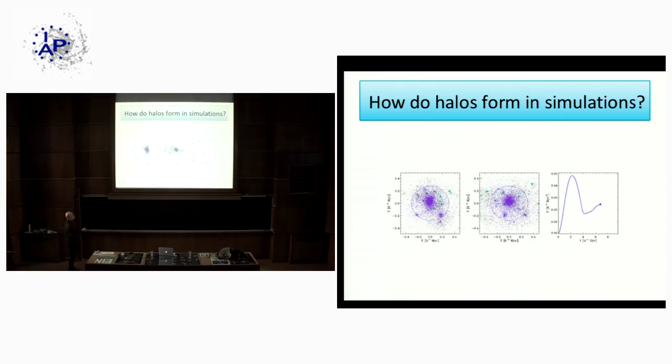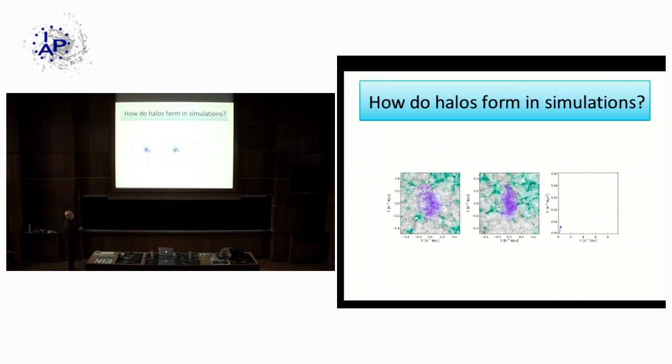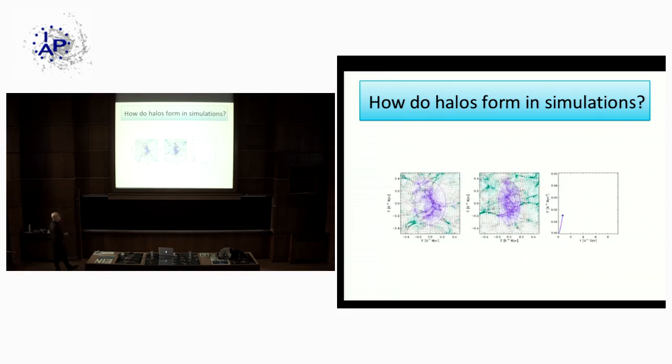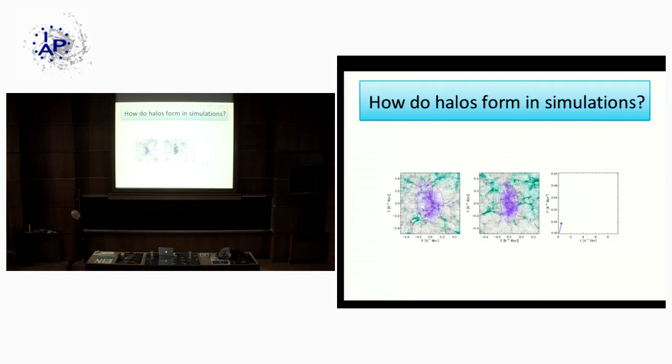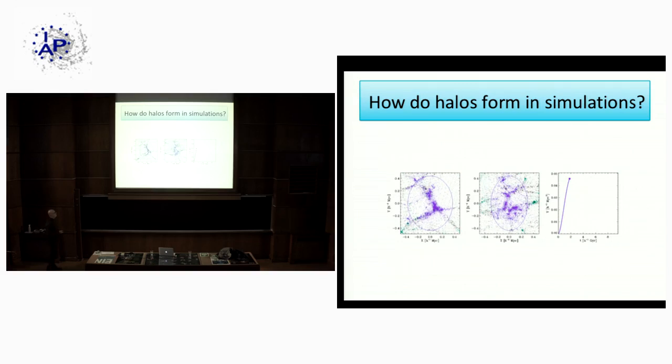Here you see the physical volume occupied by the shell, and it does more or less what the spherical collapse model was suggesting. The halo turns around, and then virializes at some scale after oscillating around that scale for a while. So if you want to define a collapse time here, what can you do?